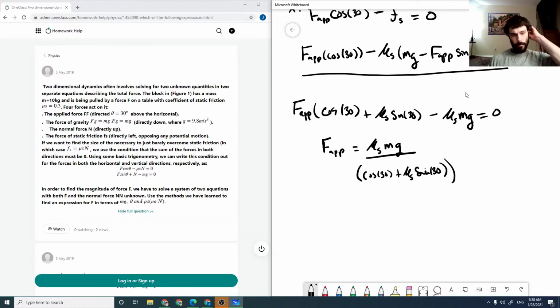And now we have actually all those values, so I guess we might as well solve for what our applied force is.